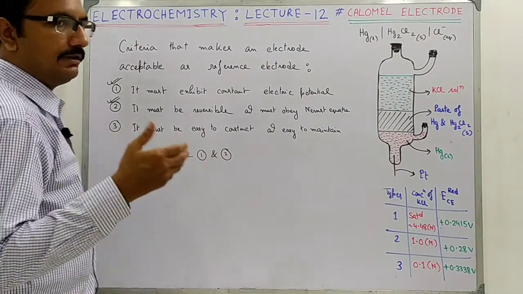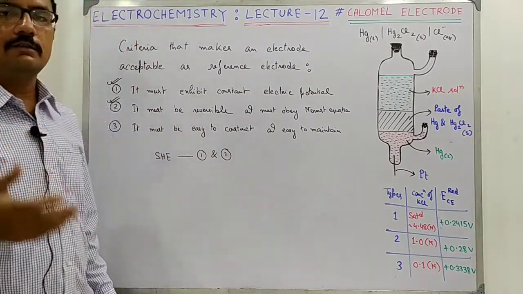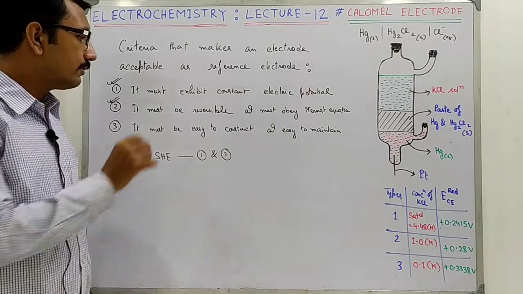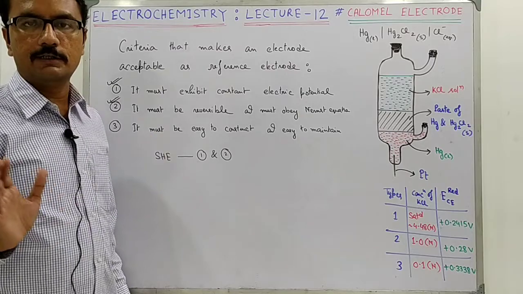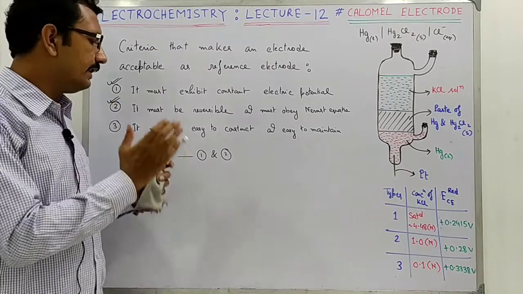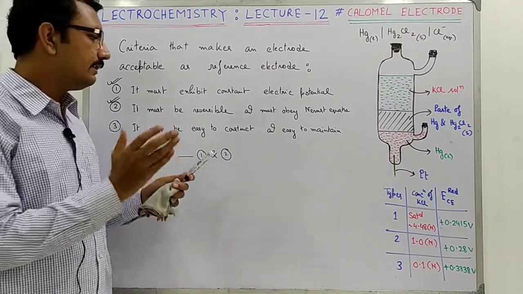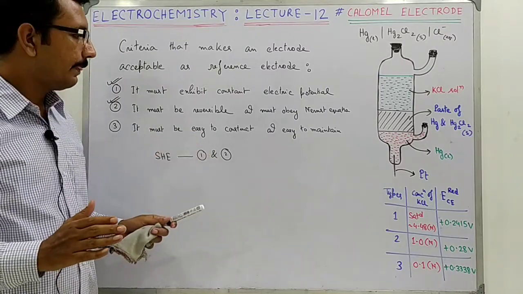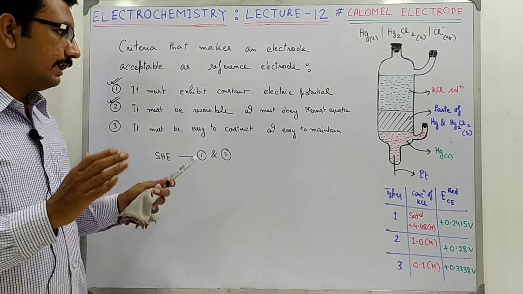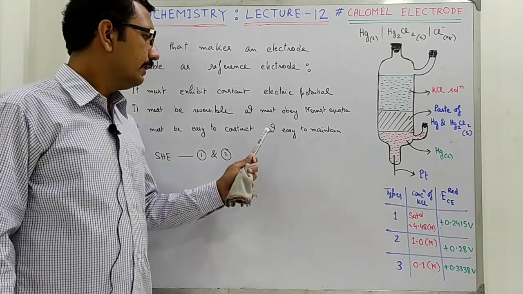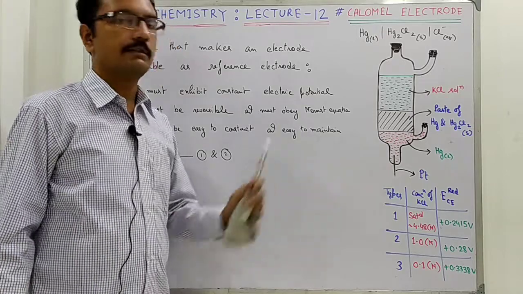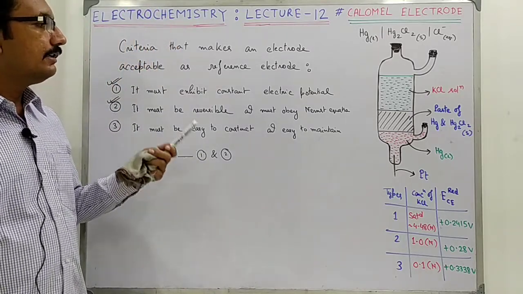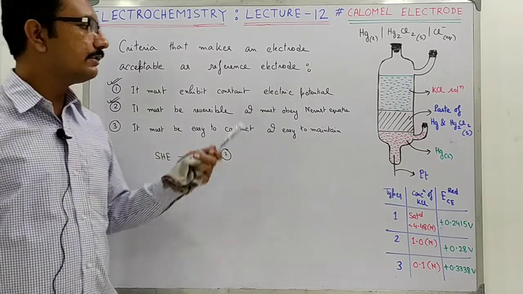That is why we have used it as the reference electrode, but its construction procedure is not that easy, and even if we are able to construct it, handling such a single electrode is quite difficult. And also there is another thing, it is not easy to maintain.